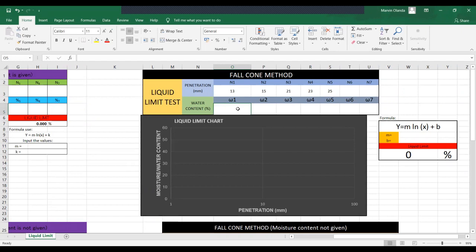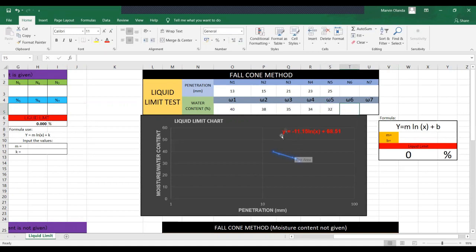The corresponding water content is 40%, 38%, 35%, 34%, and 32%.